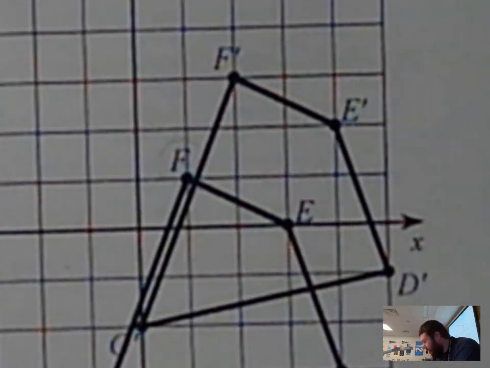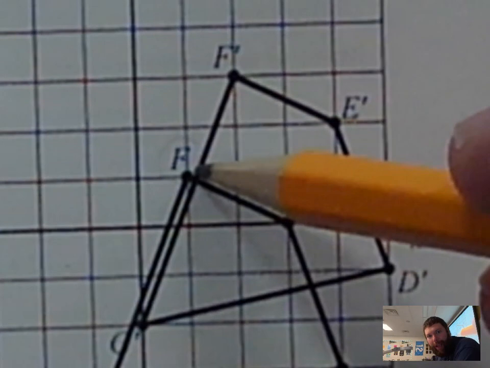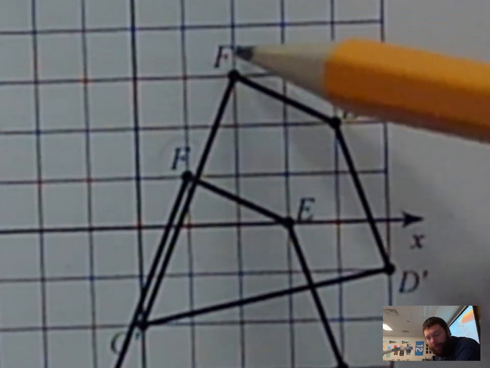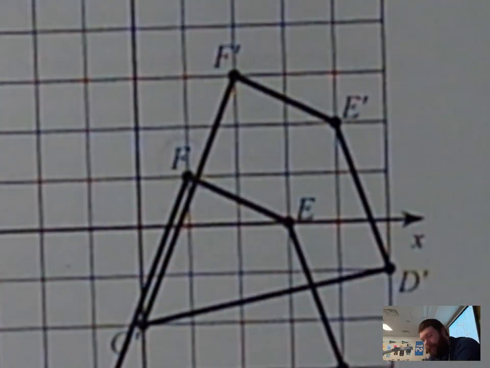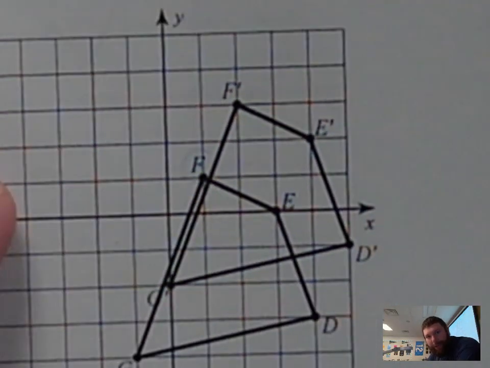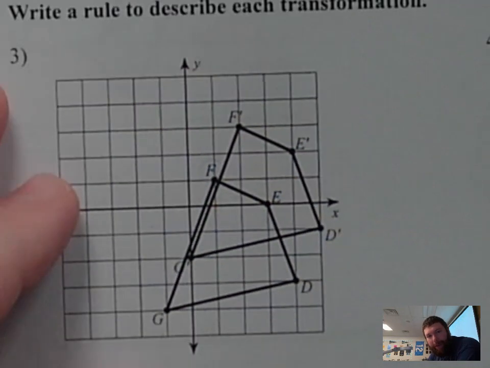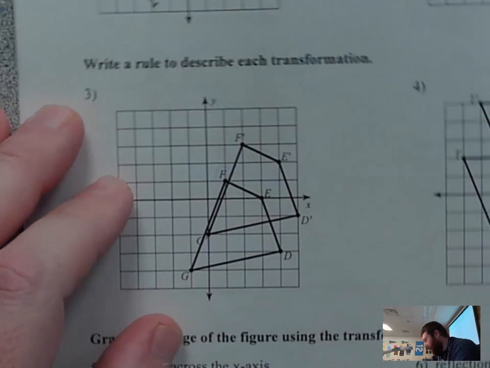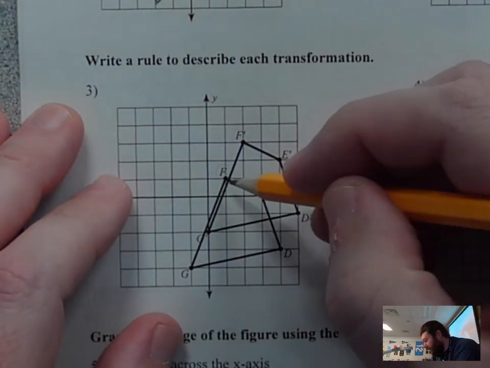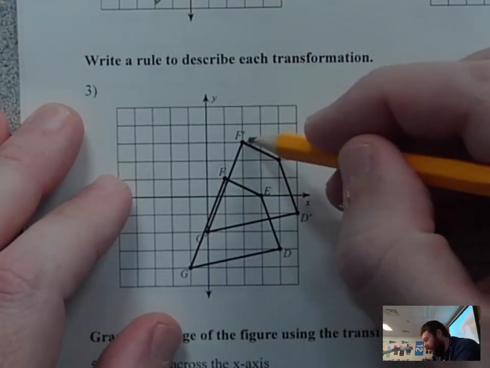But you'll notice this F does not have a little prime symbol next to it. So this is my original F. This is my transformed F. I'm going to zoom back out now because that's very far zoomed in. So all I need to do is figure out what happened from the original one to the new one.